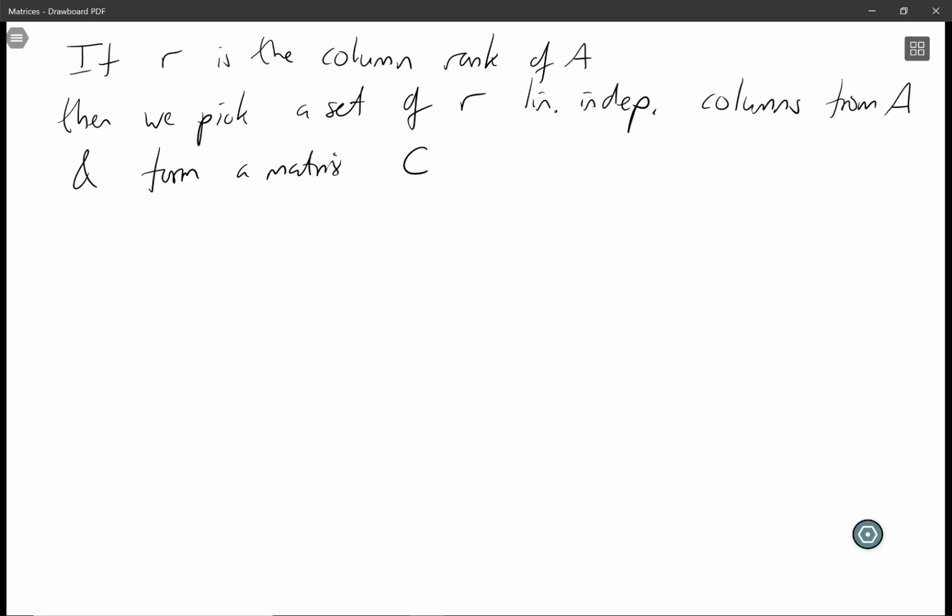So it's R columns. This is an N by R matrix.